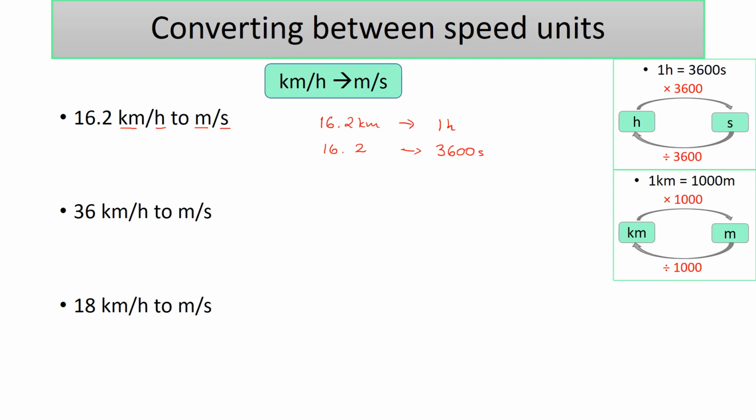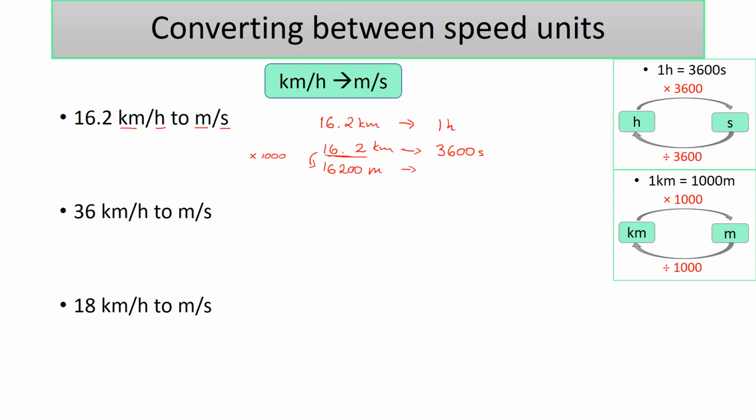Now I need to convert kilometers into meters. When I go from kilometers to meters, I need to times by 1,000. So this number here needs to be multiplied by 1,000, which is 16,200 meters.